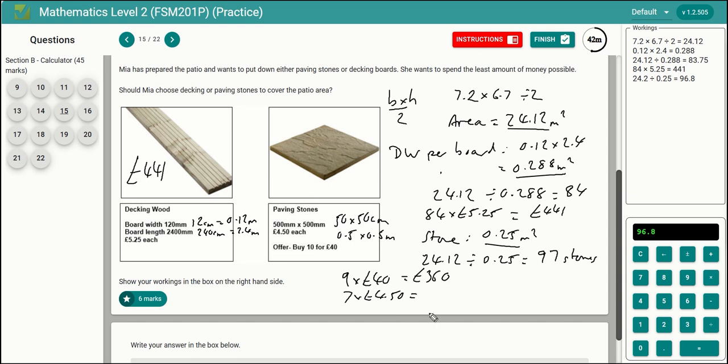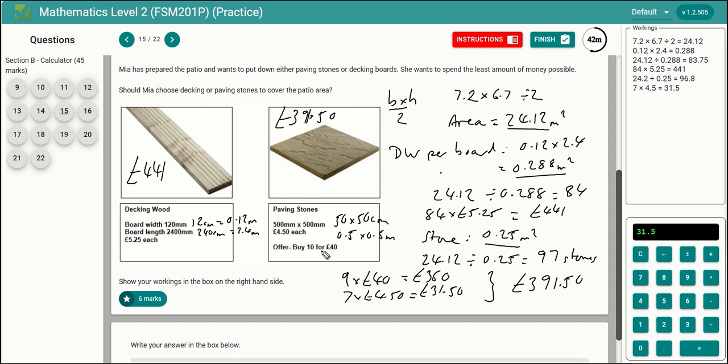I'll definitely use the calculator for 7 times by £4.50 though. So 7 times £4.50 comes to £31.50. And adding those two together, that's going to be £391.50. Let me just write that up here nice and clearly. 391.50. Maybe put the 1 in as well.